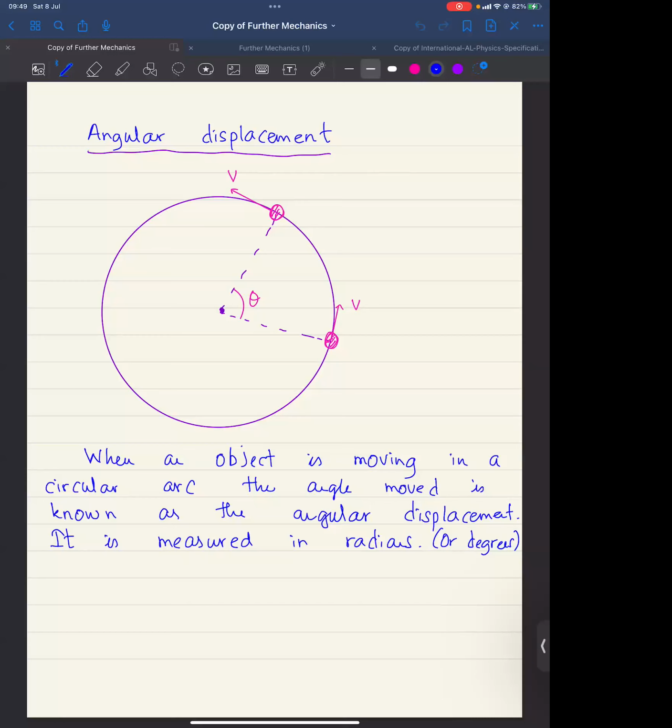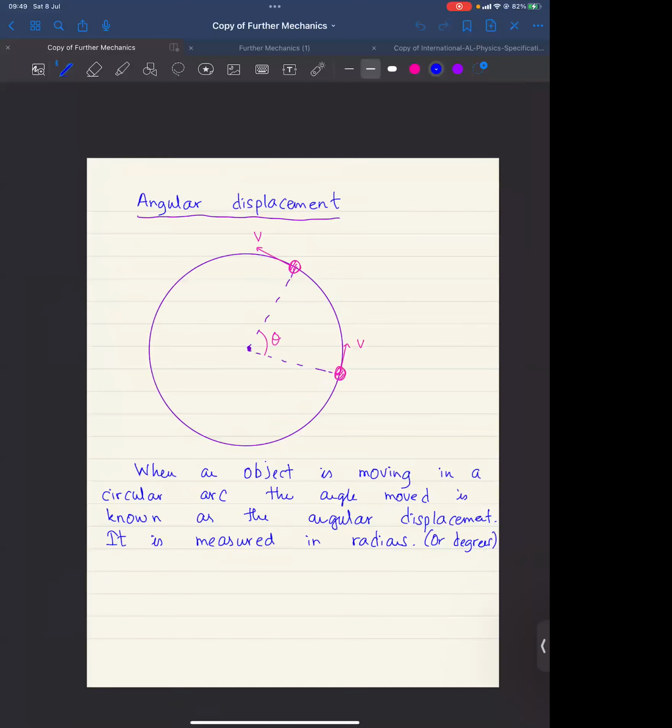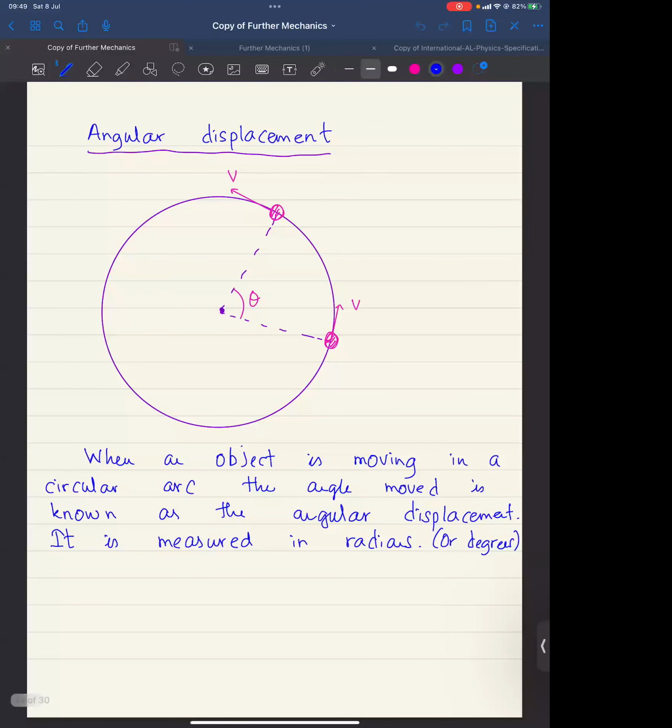Right. So guys, the relationship between them will be, you can take it down: pi radians is equal to 180 degrees. Okay. Right.